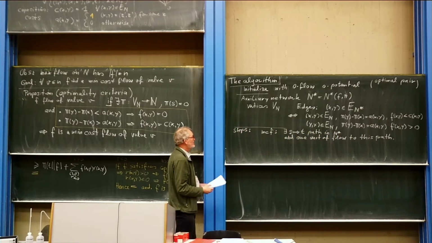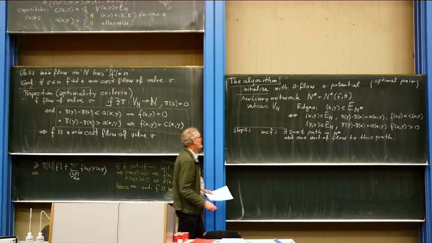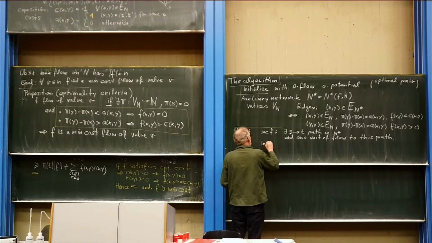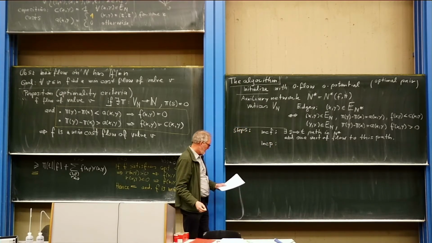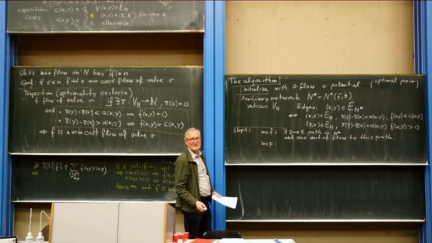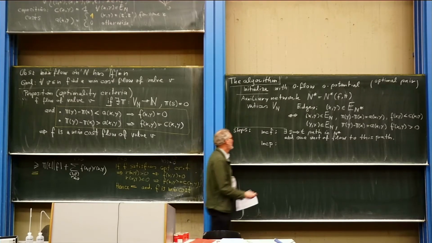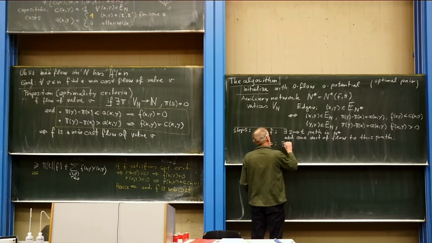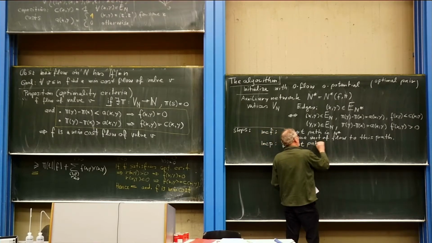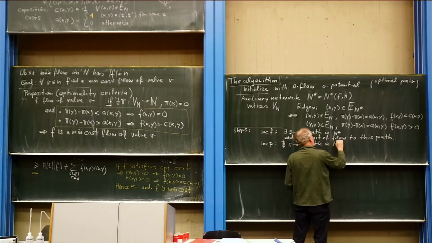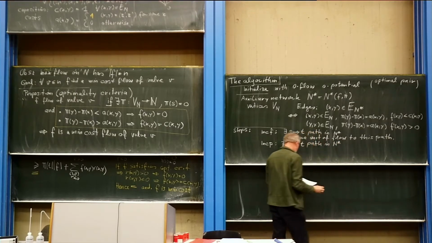Yeah, so this is a flow increasing step, and then we also have the potential increasing step. Now this is based on the condition that there is no path from S to T in N star.